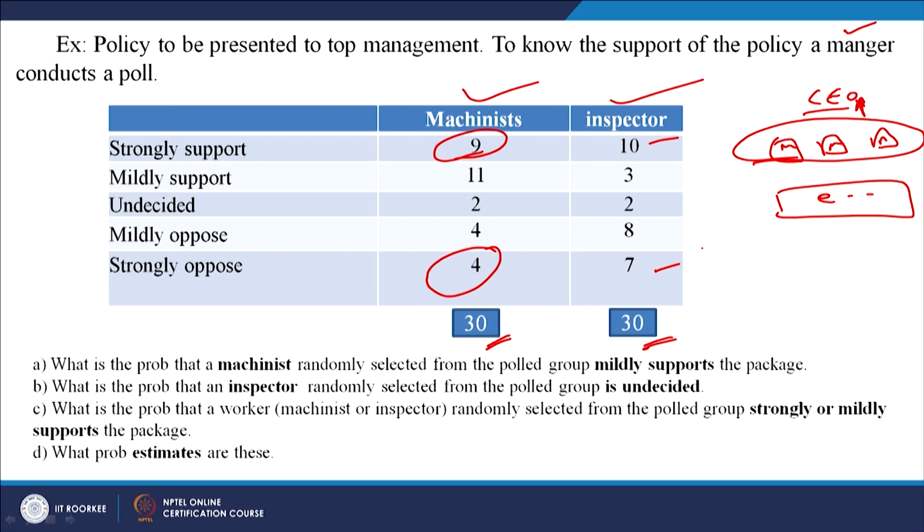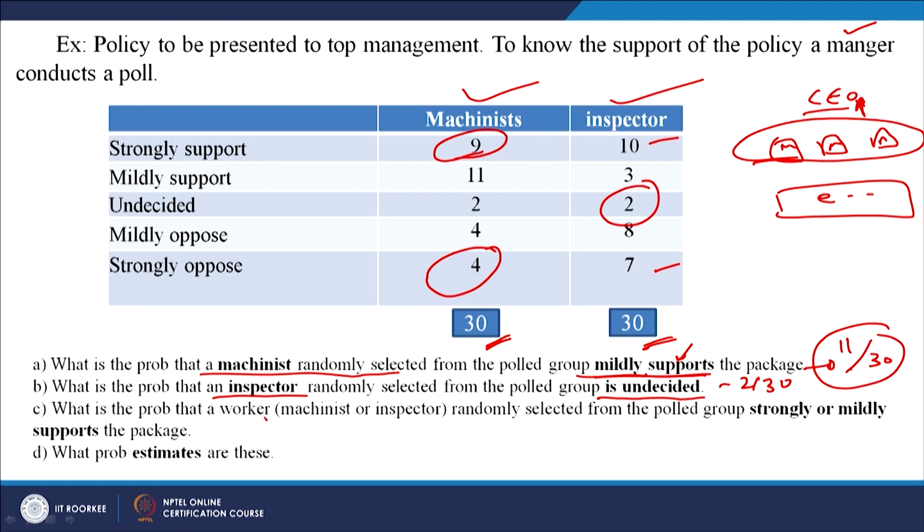Now, the question is, what is the probability that a machinist randomly selected from the polled group mildly supports the package? First of all, how many machinists were contacted? 30. And mildly support, 11. So, 11 by 30 is the answer to this part of the question. What is the probability that an inspector randomly selected from the polled group is undecided? Inspector and undecided is 2 by 30.